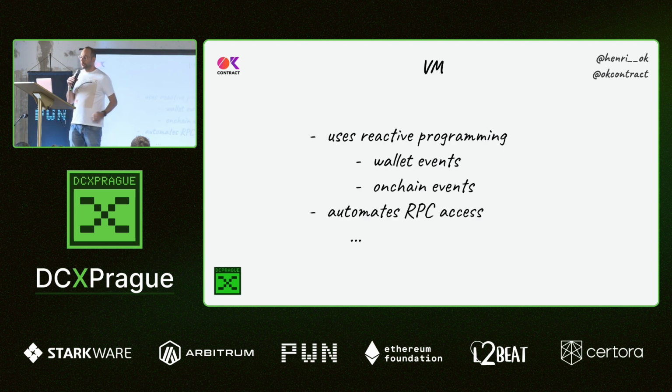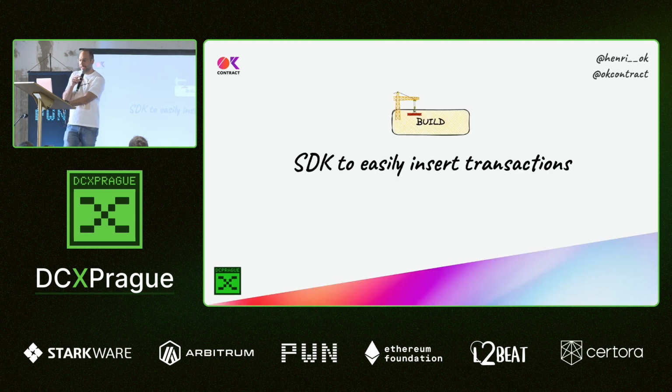And so basically the engine is a VM, which is based on reactive programming, so that the whole definition, in fact, is a reactive program, and wallet events and on-chain events change the foundational data, and everything is recomputed automatically. And it automates two things: the RPC access, and as we'll see next, as well, the centralized API access. So now we are working on the SDK that we should release in 2023. That's pretty soon.